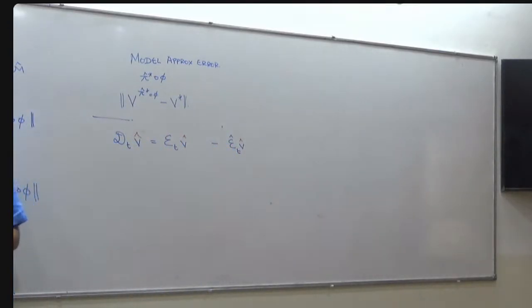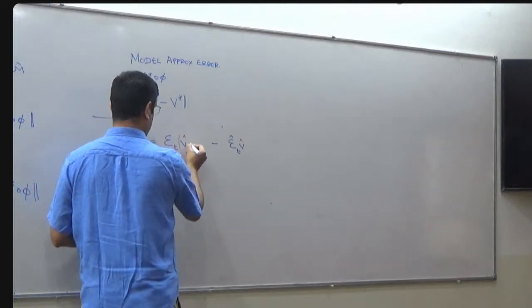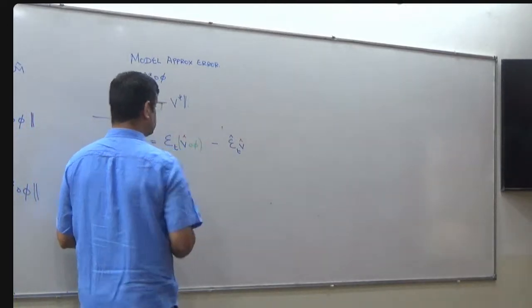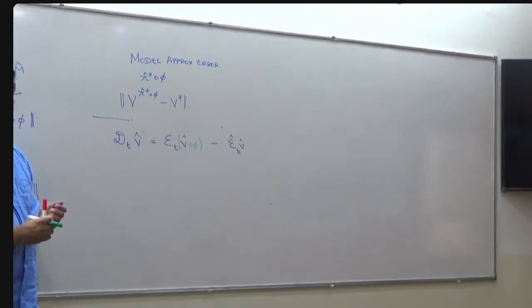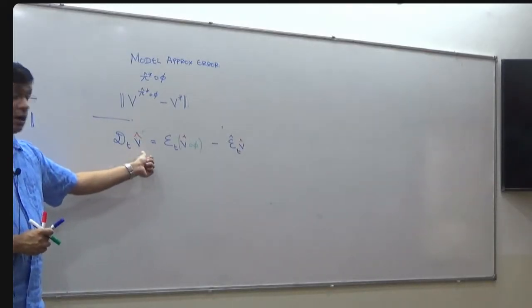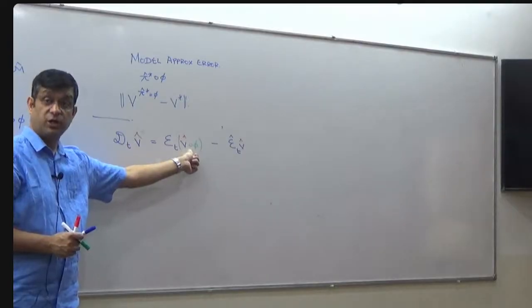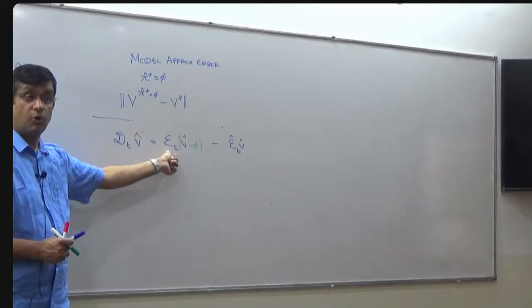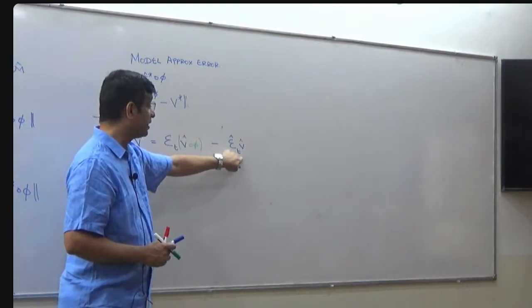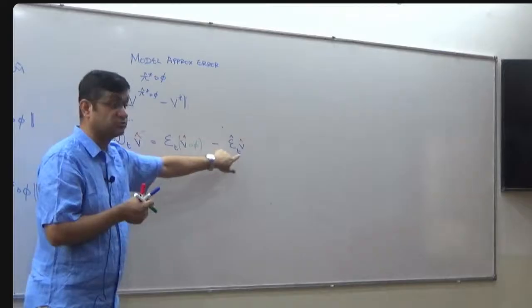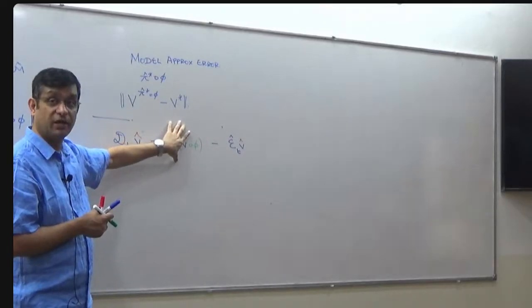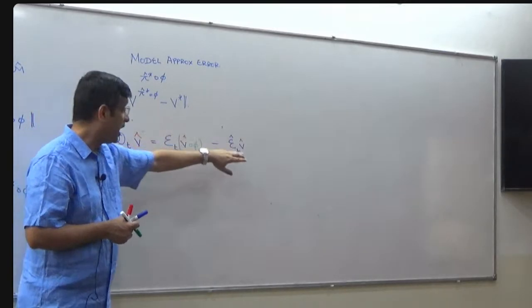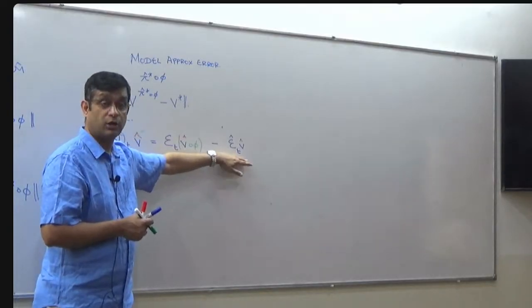So I have to do a correction. The correction is that I have to lift this function up. If I take a quantized value function, do a piecewise constant extrapolation of that, and do the dynamics update of that in the original model, how far is it from what I would have gotten had I done this in the hat model? But now this does not make sense, because this is a function whose domain is the original state space and this is a function whose domain is the quantized state space.